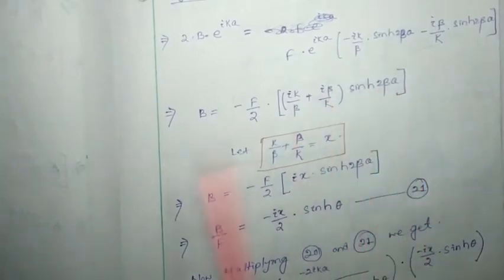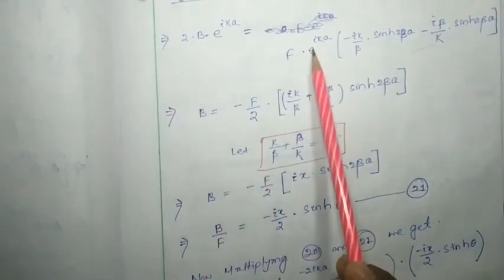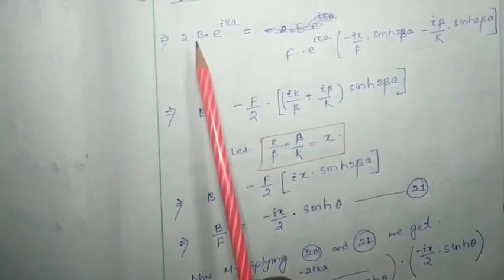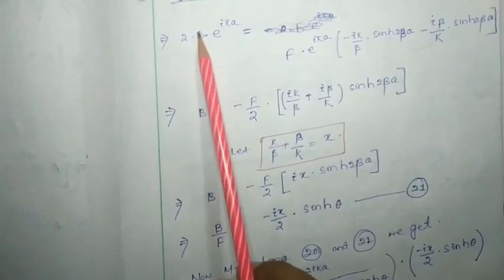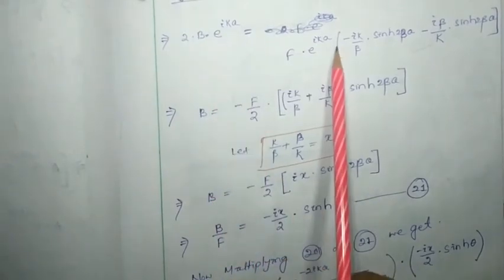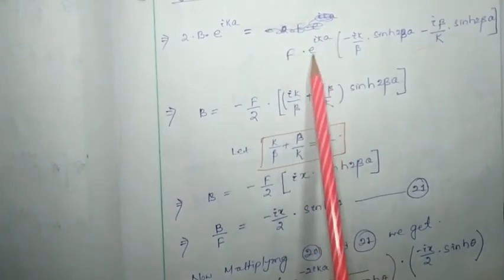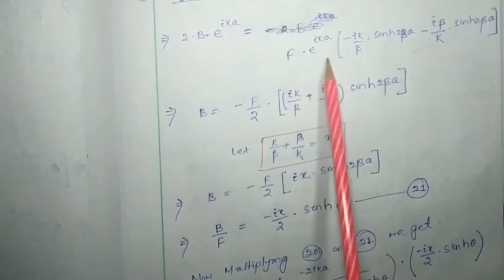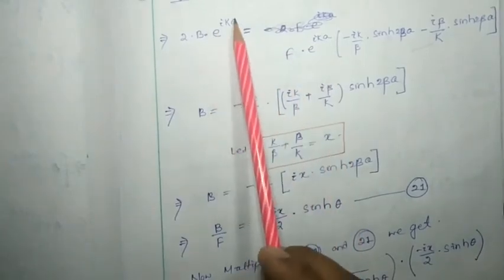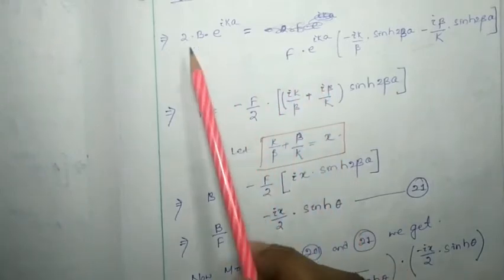Okay, see here e to the power ik. Now we are going to consider b, that means 2 e to the power ik is going to be divided to the right side. If so, the numerator has e to the power ik and the denominator will be e to the power ik, so they cancel out, and 2 will be here.